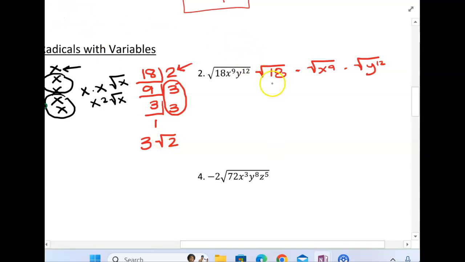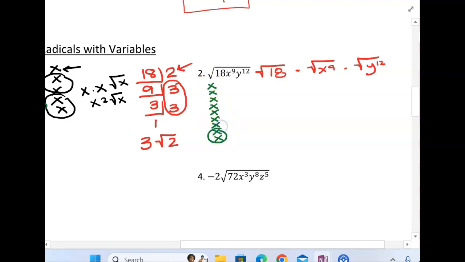So now I want to break down x to the 9th. x to the 9th, remember, is just x times x times x times x, 9 times. 1, 2, 3, 4, 5, 6, 7, 8, 9. There we go. So there's 9 x's there, and then I'm just going to circle my pairs.